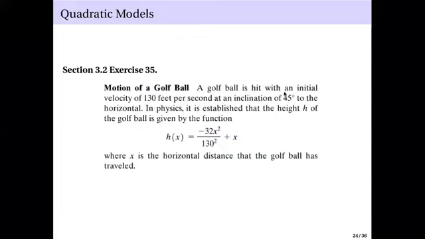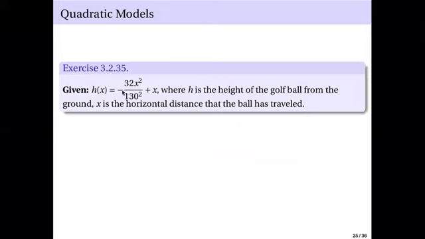And notice, they already gave the initial velocity, and this 130 squared is very much similar to your b squared before, correct? So the formula is consistent. So we are given this h of x.